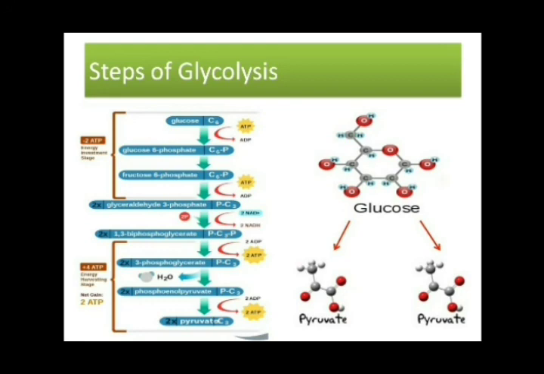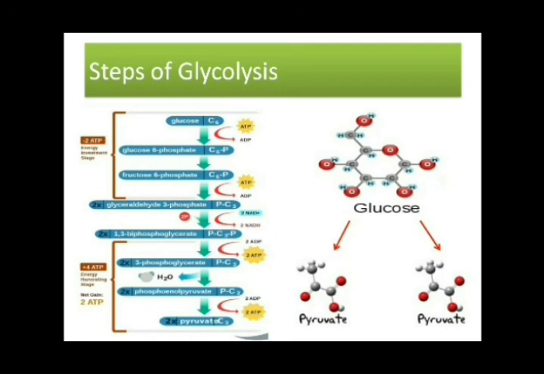This is the diagrammatic representation of glycolysis, in which we can see that the whole glycolysis process has 9 to 10 steps. First, glucose is the primary source which is going to be broken down, and in the next step glucose 6-phosphate is formed by the phosphorylation step, and then isomerization occurs.